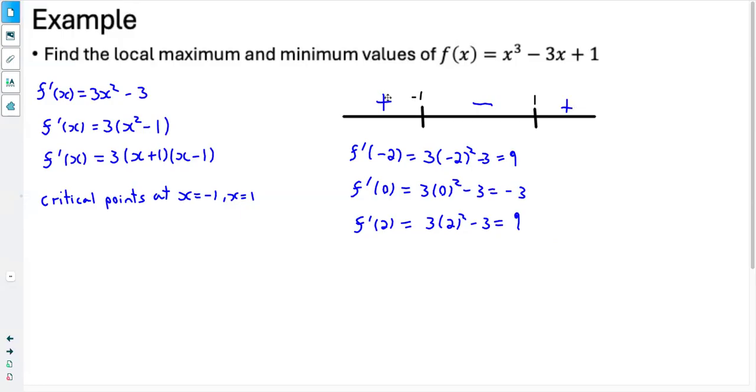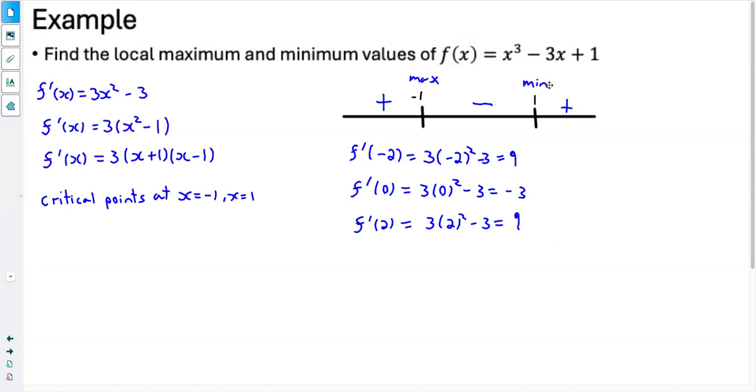Now from looking at this, here we had a positive slope followed by a negative slope, so we know that this should be essentially a maximum. Here we have a negative slope, so we're going downwards, and then we have a positive, so that means we then go upwards. So this one we know is a minimum.